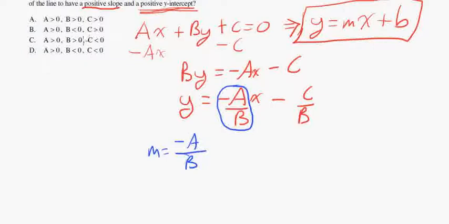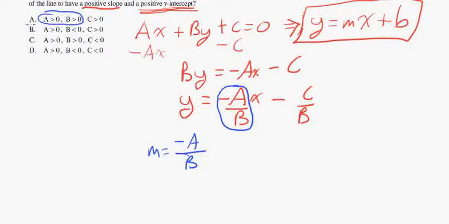And now which of these conditions will make this positive? Well, if a is greater than 0, it'll be a negative number, and if b is greater than 0, it'll be a positive number. So a greater than 0, because it's negative, will make it negative. So for a, this condition here keeps my slope negative.